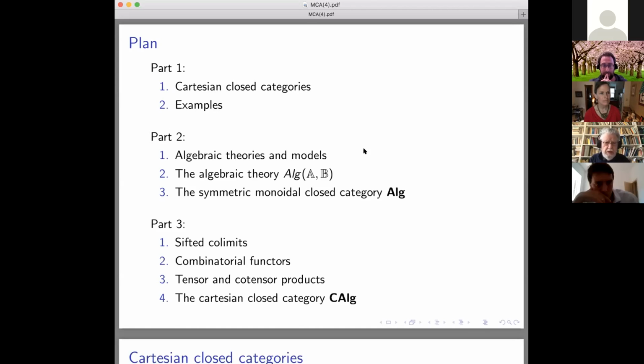And the last part will be about the fact that if you modify the morphisms between algebraic theories, you actually get a Cartesian closed category.